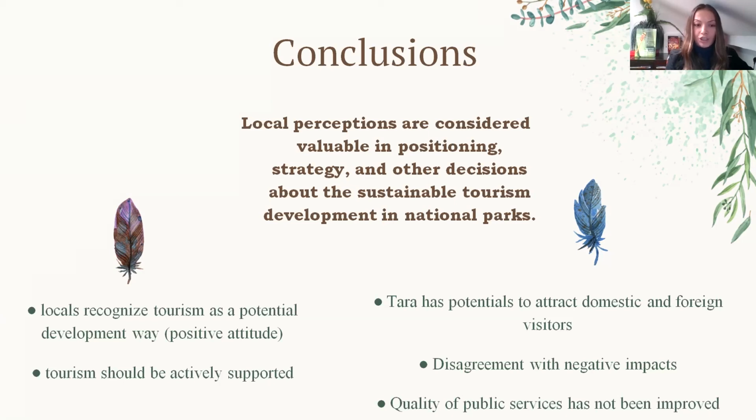They show their general disagreement with negative impacts, which is normal because tourism is still in the initial stage of development. They also said that the quality of public services has not been improved by tourism development, and this is something tourism planners should take into consideration for further tourism development.